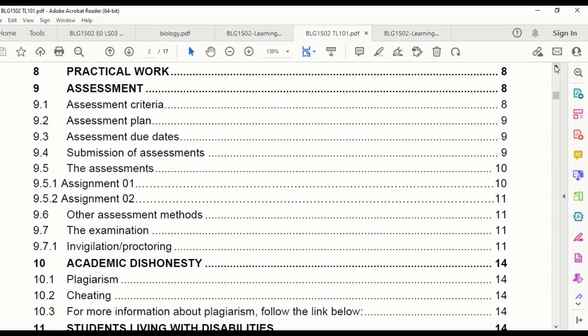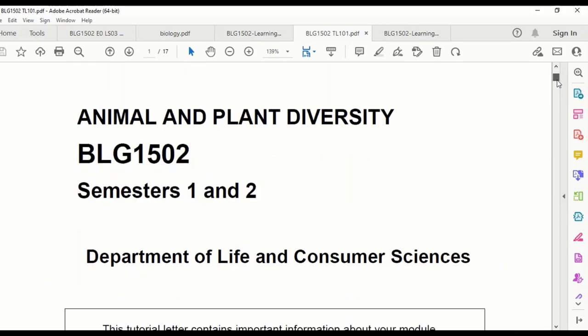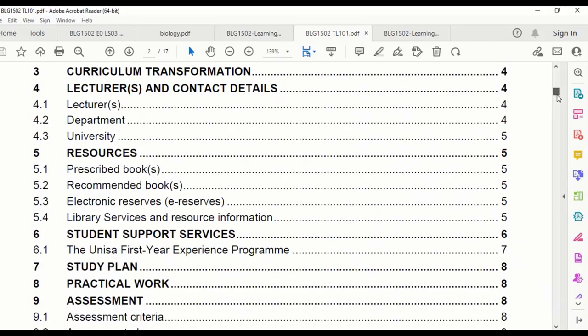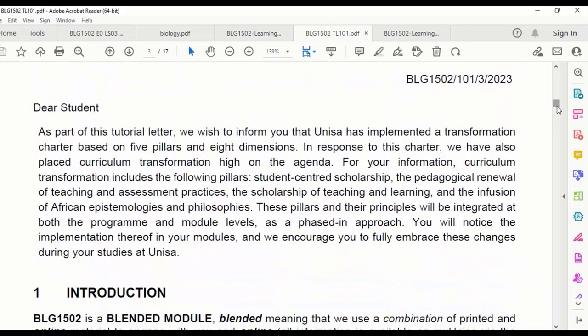So this is what they call a tutorial letter, just an overview of what we're going to be doing and what you should familiarize yourself with. I'm given to understand that you also have this in your study materials. If you do not have it, please make sure that you have it, because it will help you as a guideline as to where we are going.